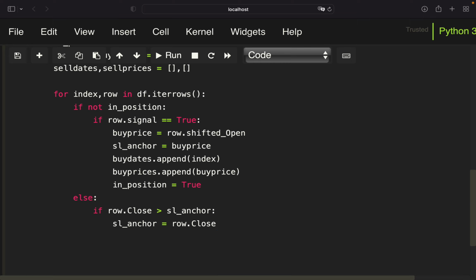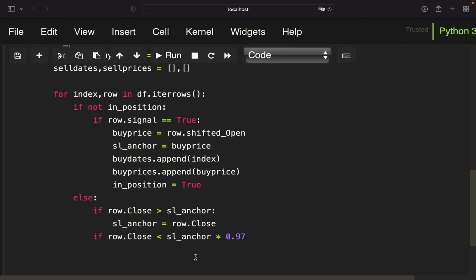Next, we want to define when exactly we want to sell. So we check if row close is smaller than my stop loss anchor times 97%. So 3% stop loss we defined in the beginning, right?